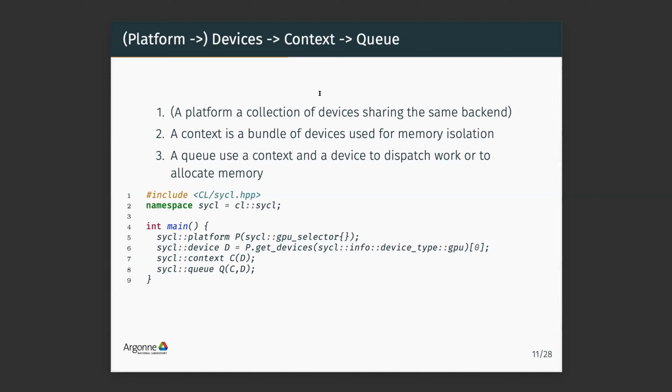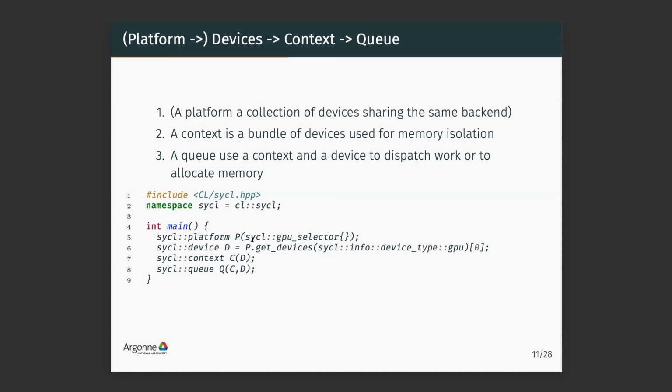So in this little example, a simple example of SYCL, we'll show an even simpler example afterwards, but let's start with this one: platform, device, context, queue. I create a platform that I'll call capital P, and I can say I want a platform where I have GPUs. You have this concept of selector, which is part of the standard. So you can say, please give me a platform where I'm sure I have GPUs.